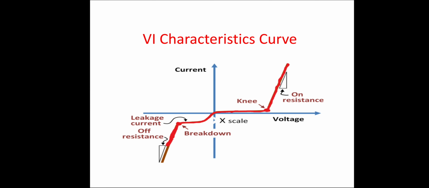The graph moves almost horizontally towards the cut-in voltage, or the knee voltage, which is indicated here. The knee voltage is 0.7 for silicon and 0.3 for germanium.